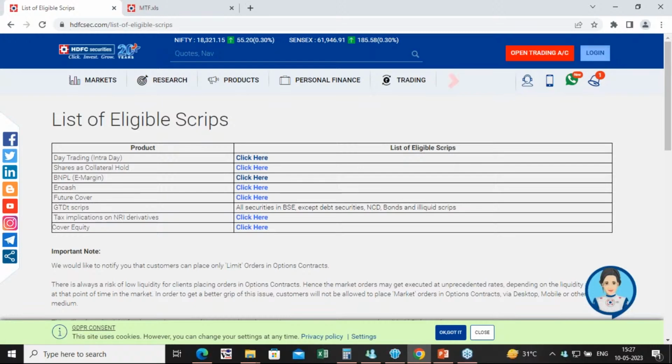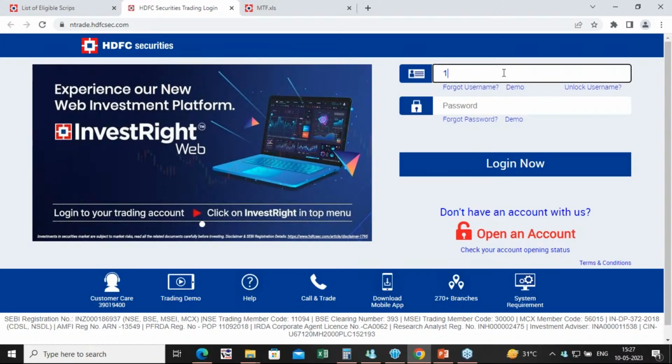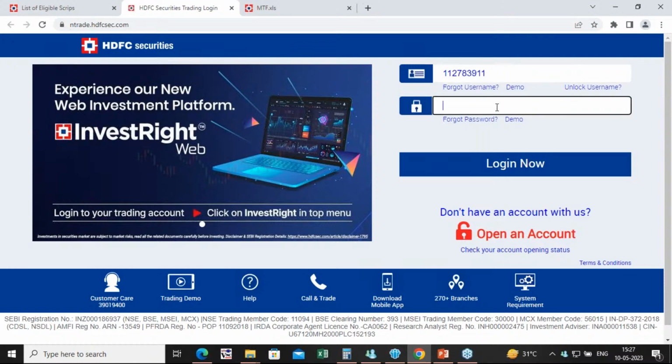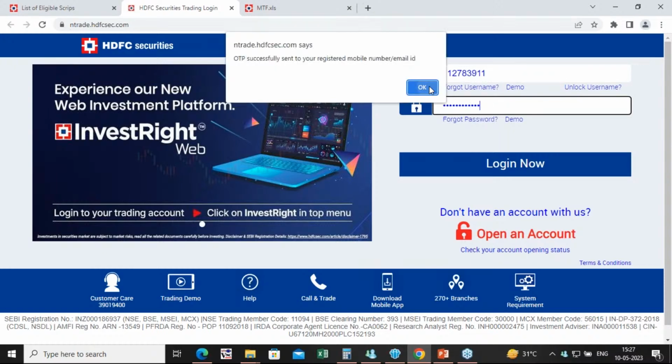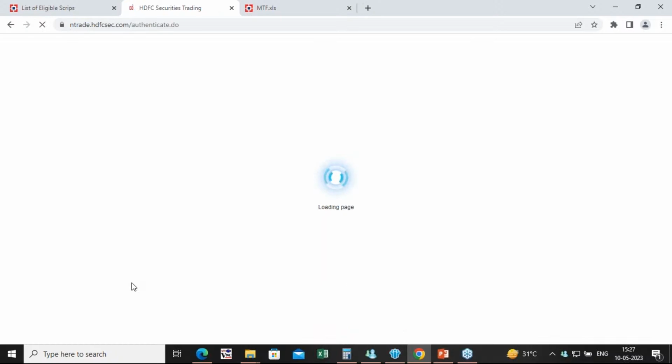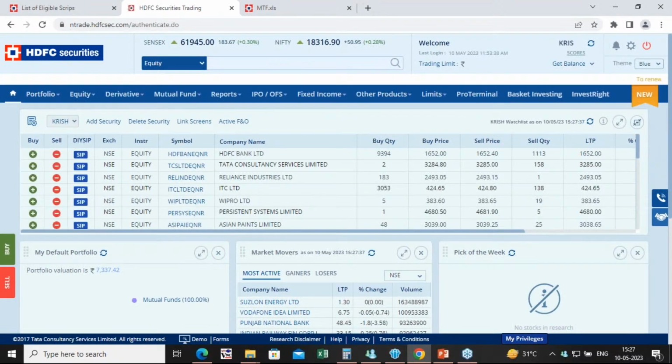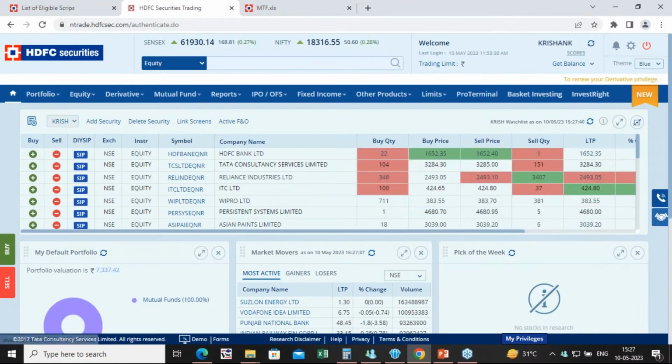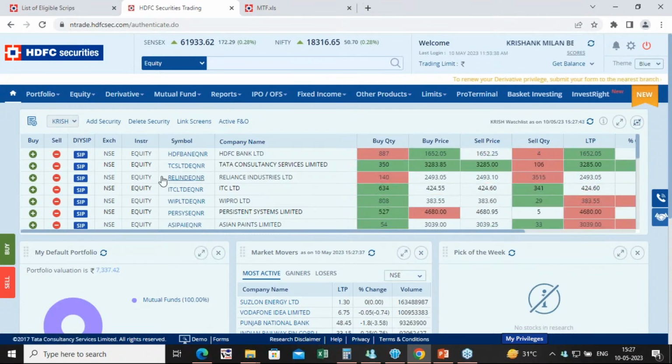I just log in to my account. Let's say I want to purchase TCS, Tata Consultancy Services Limited.